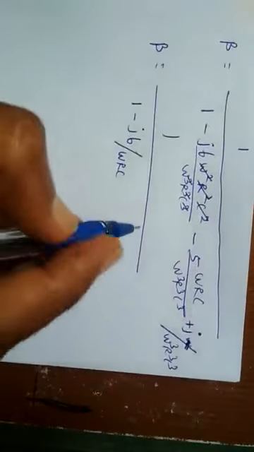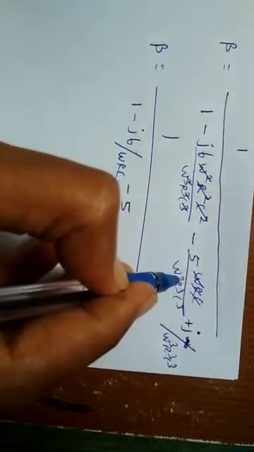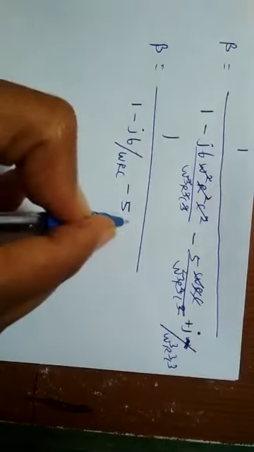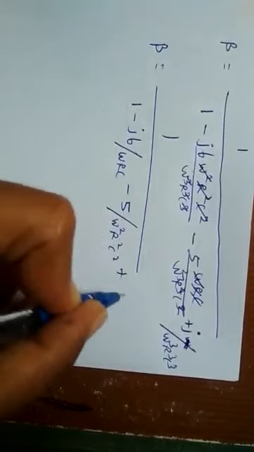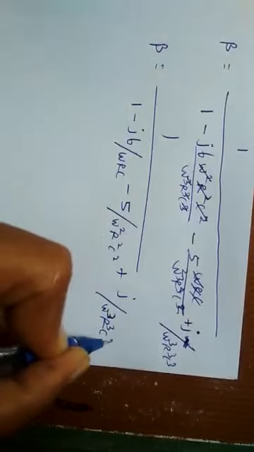And for the second term, minus 5 into, so omega RC will be cancelling one omega RC, then the remaining will be squares. So by omega squared R squared C squared plus j by omega cube R cube C cube.